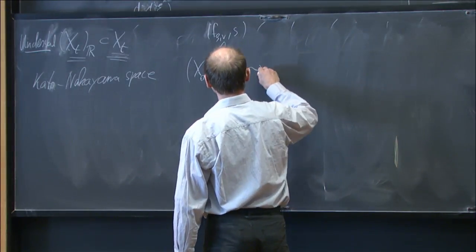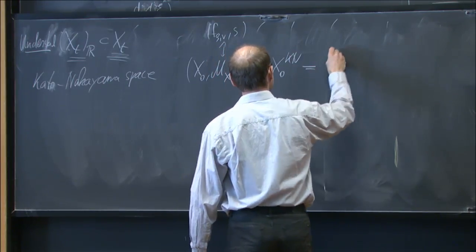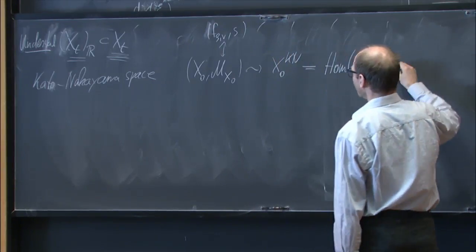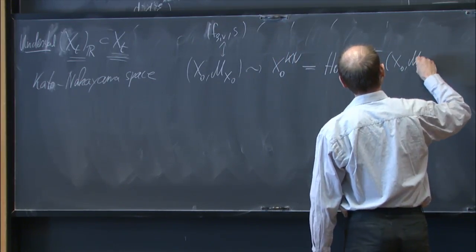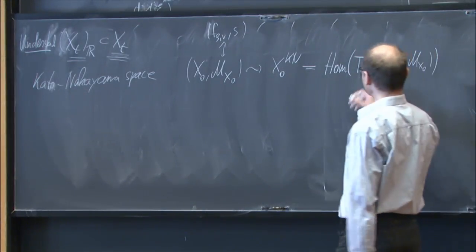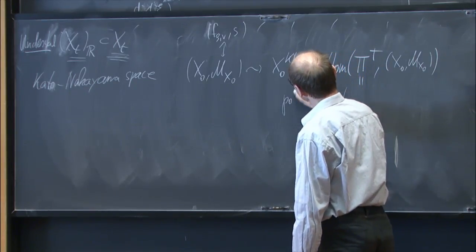And that has a Kato-Nakayama space, which is, as a set, just a Hom of log spaces. So it's written down canonically. Just writing it down so you see it's canonical. So this is a polar log point.